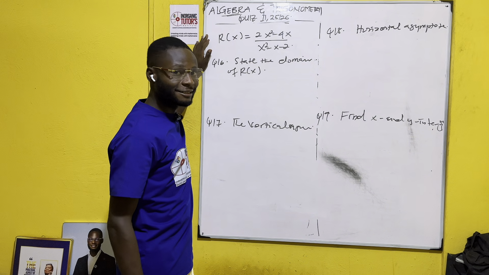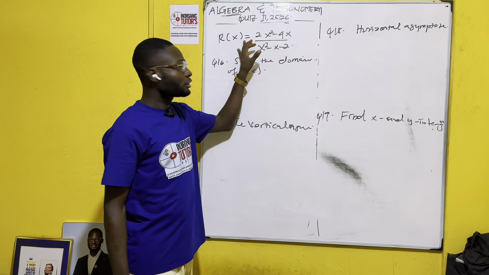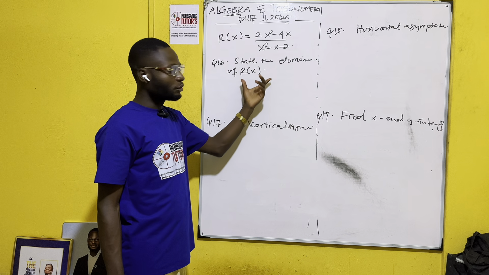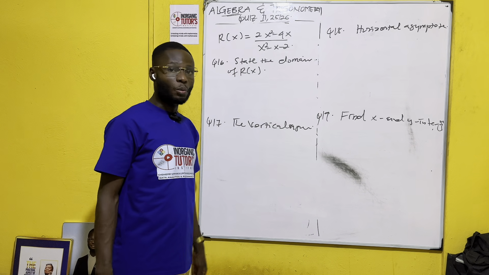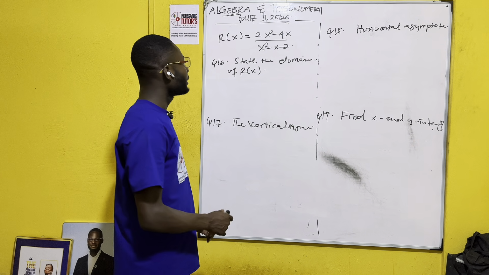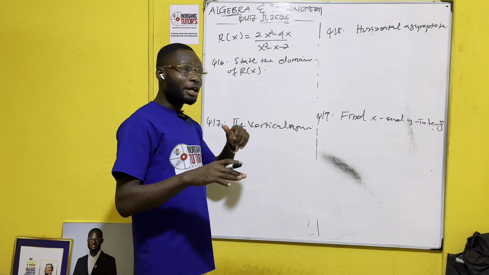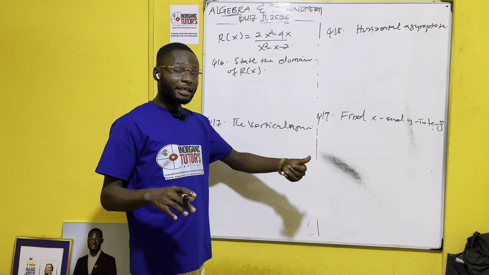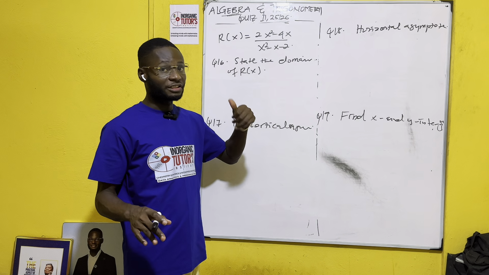Okay, so with the last set of questions, we want to use this function to state the domain, vertical asymptote, horizontal asymptote, and s and y intercept. The domain is where the function is undefined.